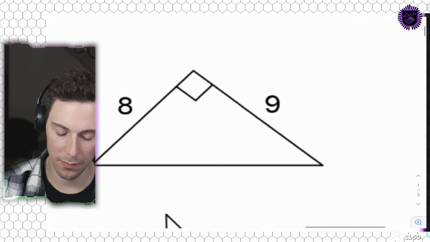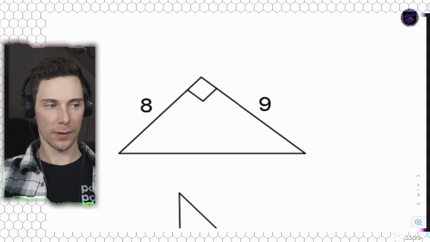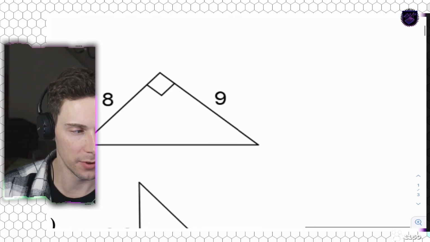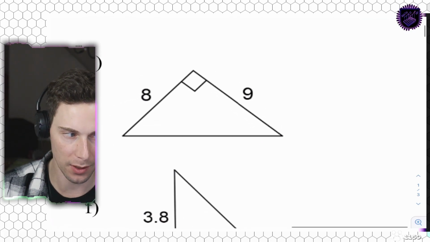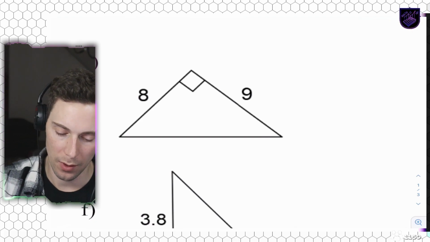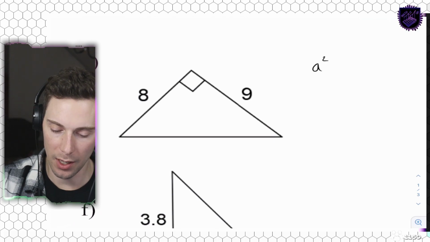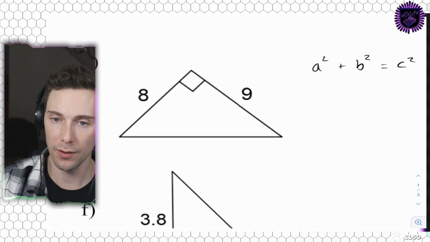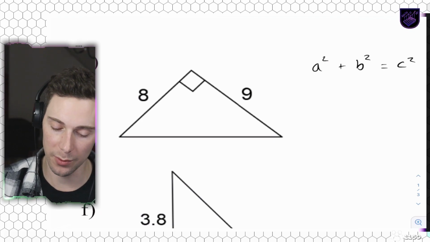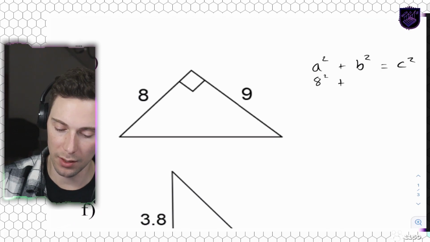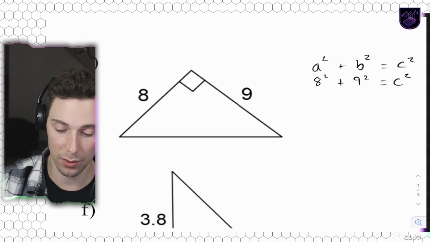Next one, our 8, 9 triangle. Is this a Pythagorean triple? Is this going to give us a whole number? Let's find out. So we want to go in, and we go the square of side A plus the square of side B will be equal to the square of side C. A squared plus B squared equals C squared. We want to go 8 squared plus 9 squared will be equal to C squared.